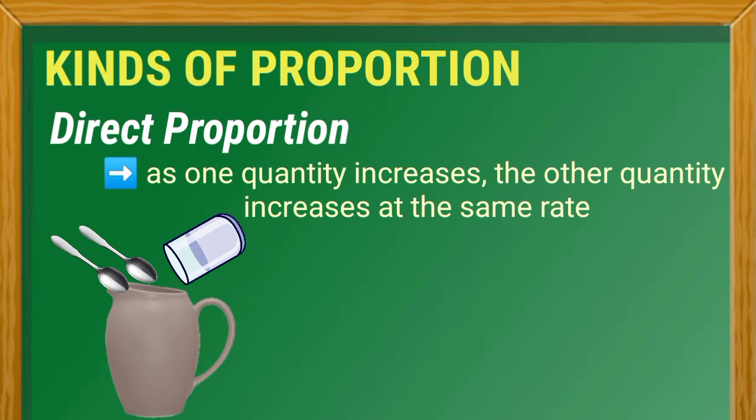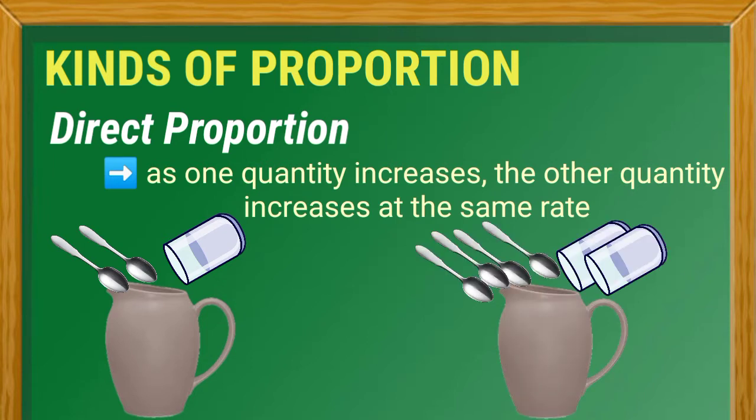Instead of 2 tablespoons of powdered juice and 1 glass of water, you make 4 tablespoons of powdered juice and 2 glasses of water. The amount of powdered juice increases from 2 tablespoons to 4 tablespoons. The number of glasses of water also increases from 1 glass to 2 glasses. This is an example of direct proportion.